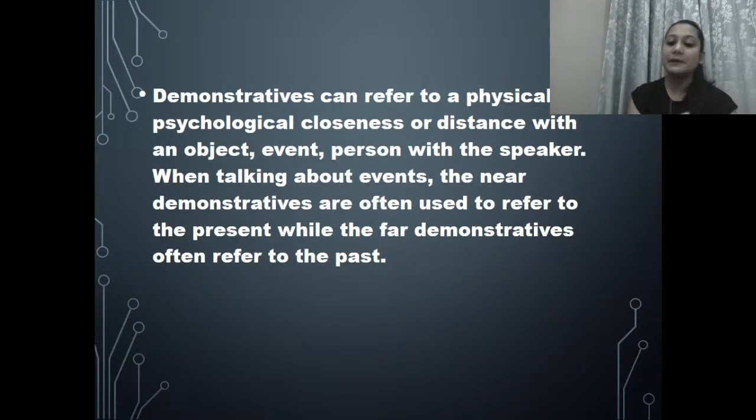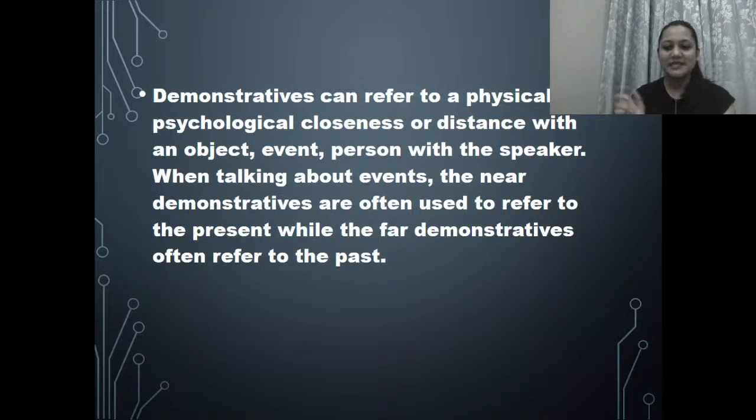Now, when we talk about events, mind my words, any event which is taking place, the near demonstratives are used to refer to the present time, like we are talking about the present scenario. We will come to know what near and far demonstratives are.